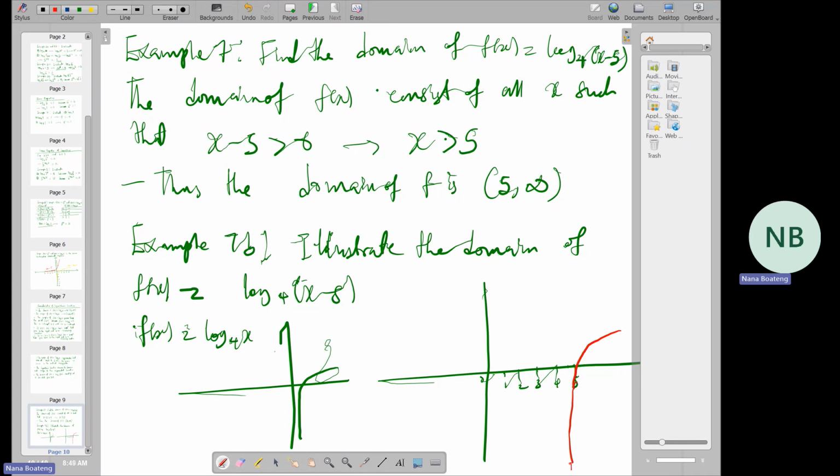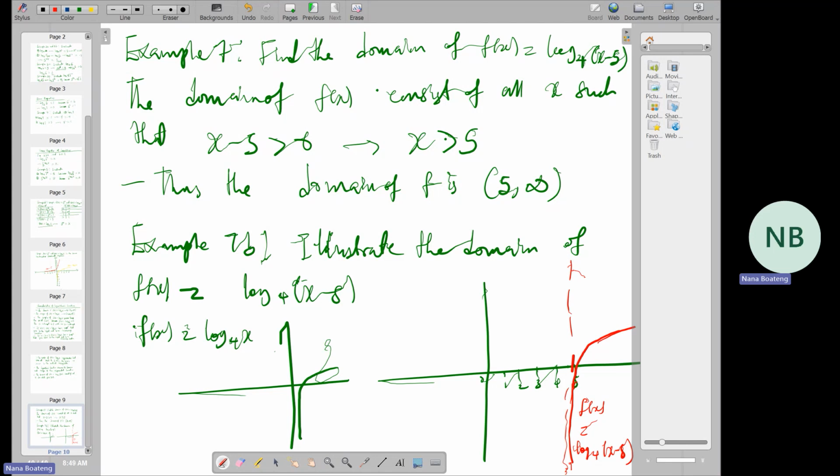So the vertical asymptote would be the line x is equal to 5. So this would be the graph of f of x is equal to the log base 4 of x minus 5, and it has an asymptote as x approaches 5.